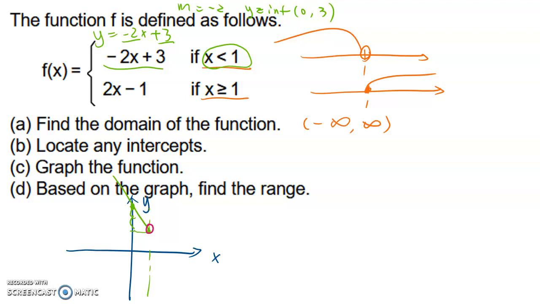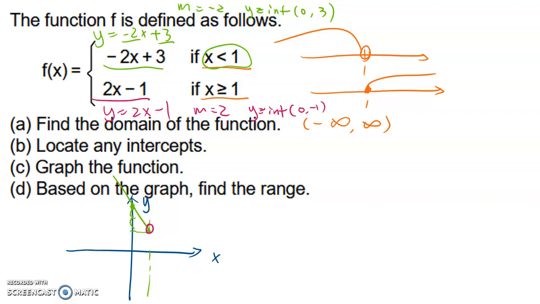Okay, now let's graph the bottom part. Y equals 2x minus 1 when x is greater than or equal to 1. Okay, so it's also a line, right? mx plus b with the slope of 2 and the y-intercept of negative 1. So 0, negative 1 is my y-intercept.